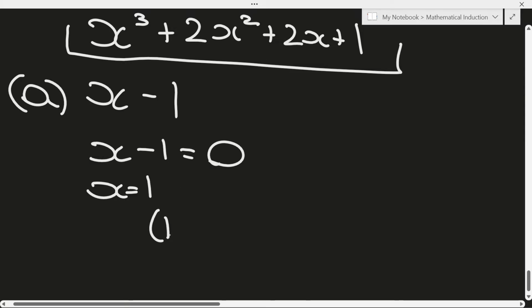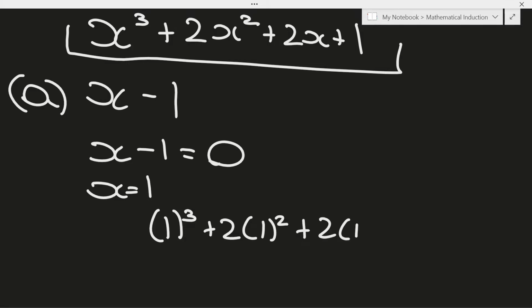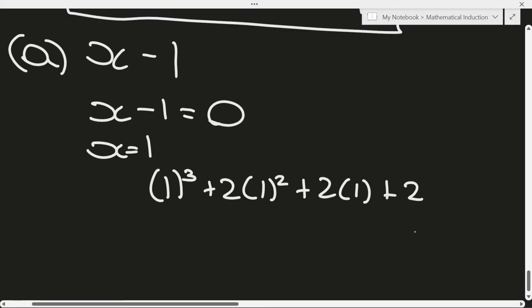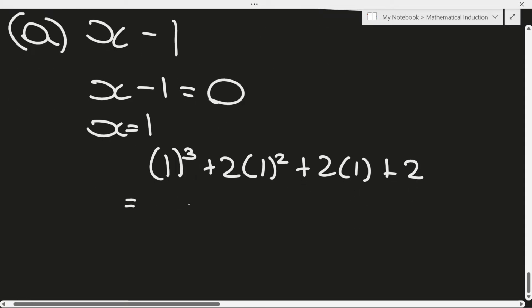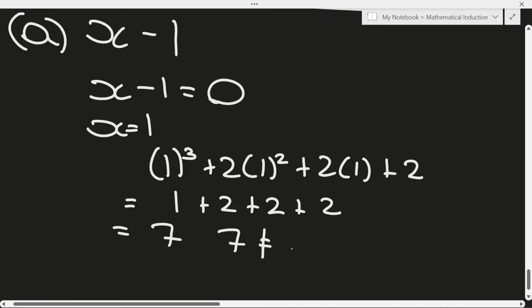We'll have 1 cubed plus 2 times 1 squared plus 2 times 1 plus 2, which is equal to 1 plus 2 plus 2 plus 2 equals 7. And 7 is not equal to 0. Hence, this is not a factor. We want something that will give us a factor.